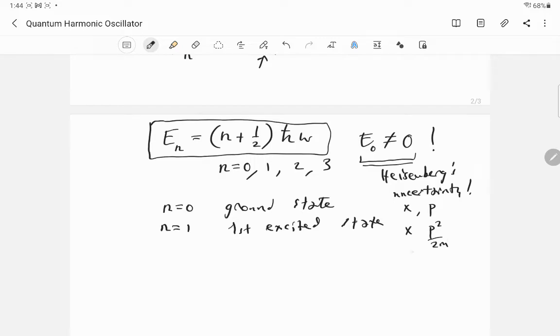You can't know that they're simultaneously 0, which is the condition you need for the energy to be 0. So it turns out that the energy of the ground state, n equals 0, is bigger than 0, and it's 1 over 2 h bar omega. So this is the situation that actually ends up satisfying our Heisenberg uncertainty principle.